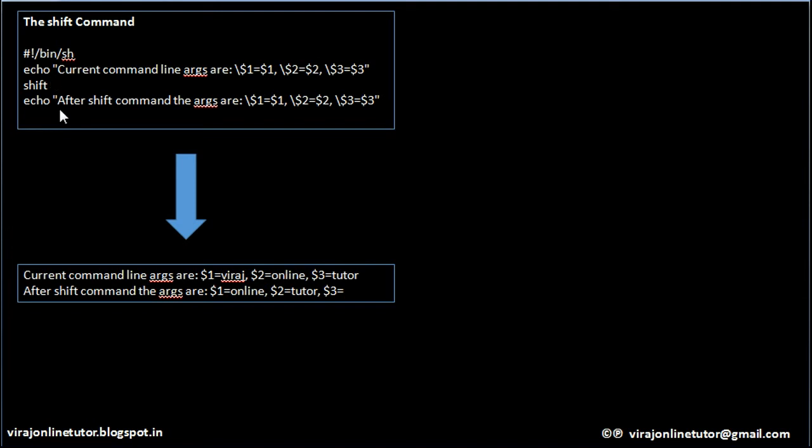After doing the shift, I am again printing on the screen the command line arguments after the shift operation. $1, which was earlier Viraj, has been shifted out to the left, so it is not captured here. Online, which was in $2, now comes in $1.